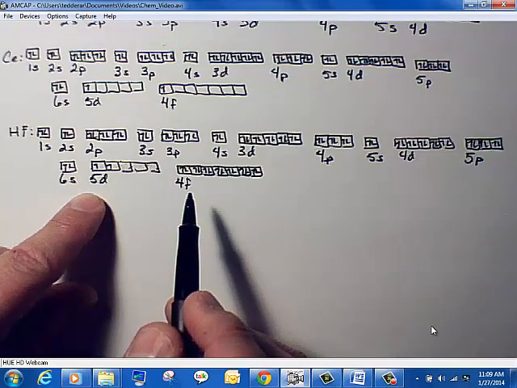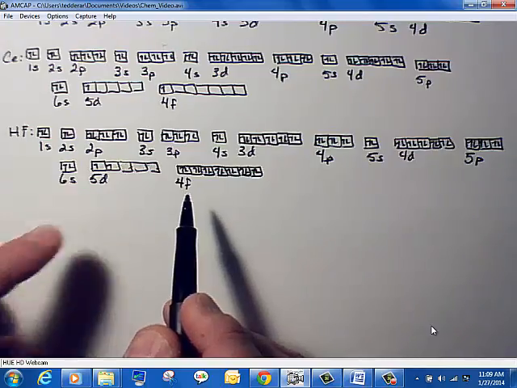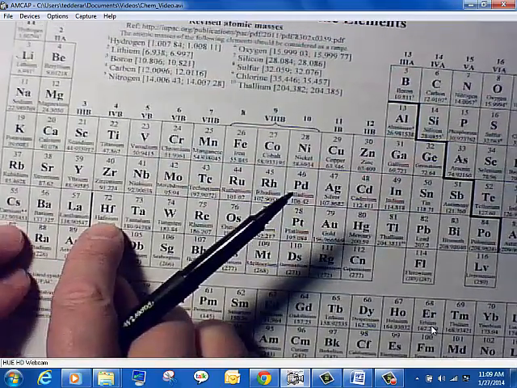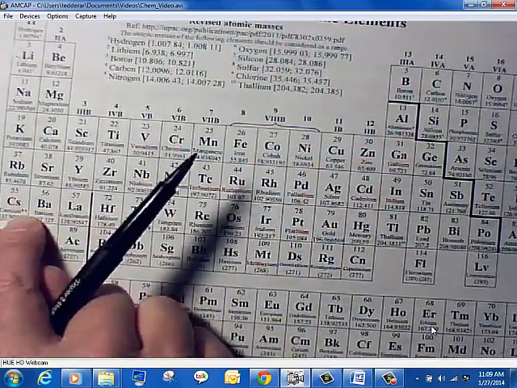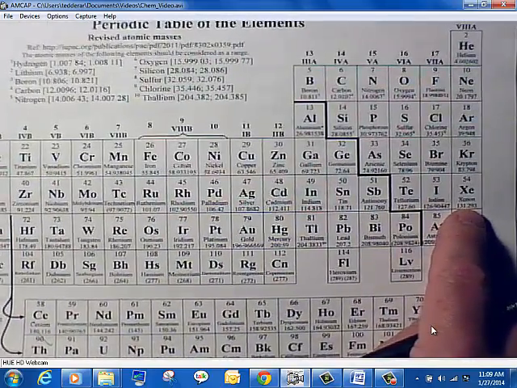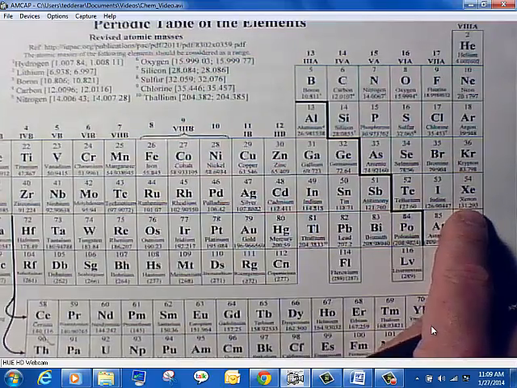What's the cutoff? The next lowest noble gas. Okay, here's hafnium. I know what you meant. But we're going to go back, count our way back until we come to a noble gas. Okay? As long as there is a noble gas below the element you're working with.